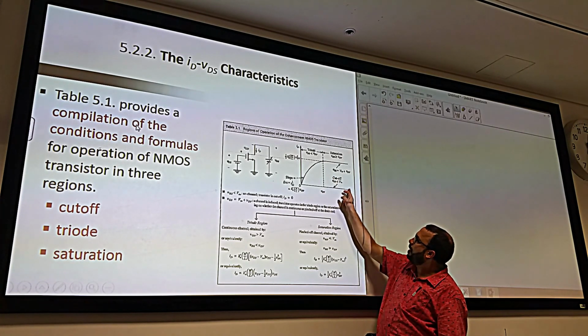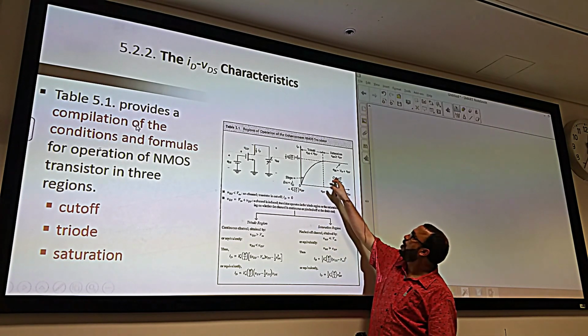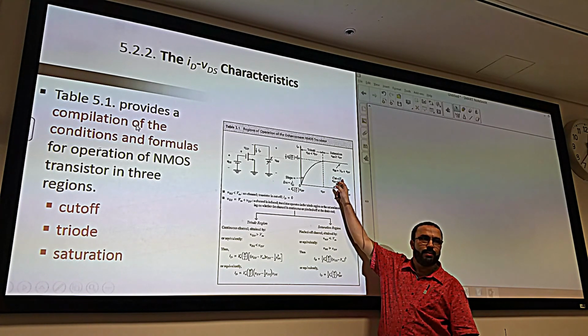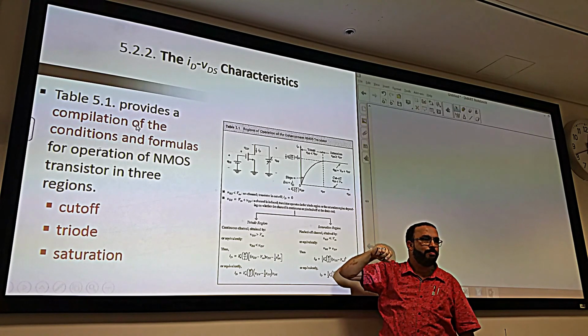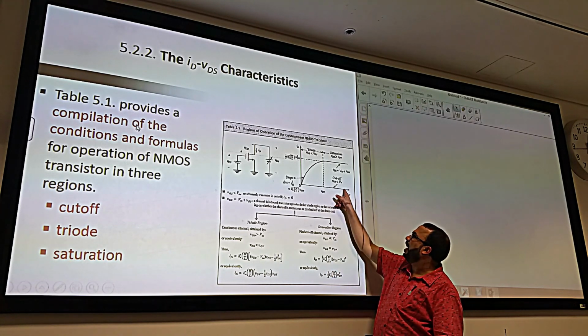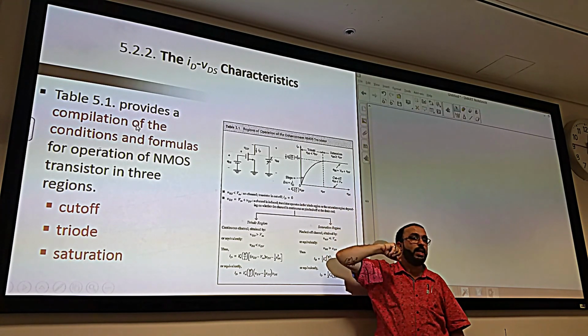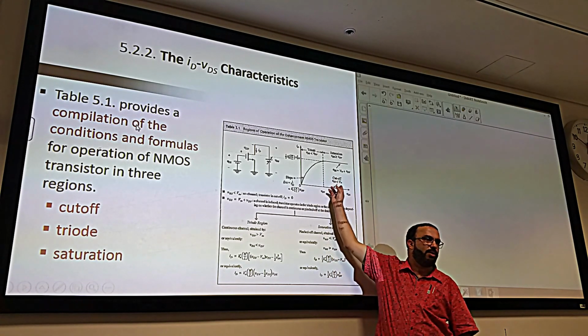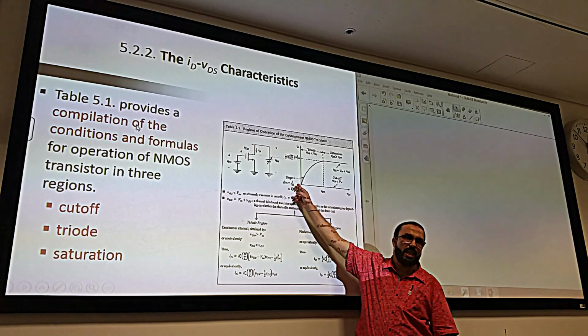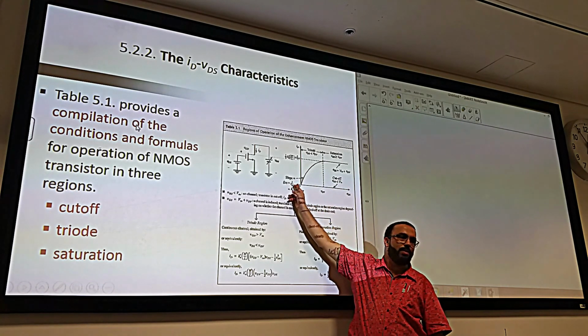The first region is this line, called the cutoff. The equation for this line, ID versus VDS, is ID equal to 0.